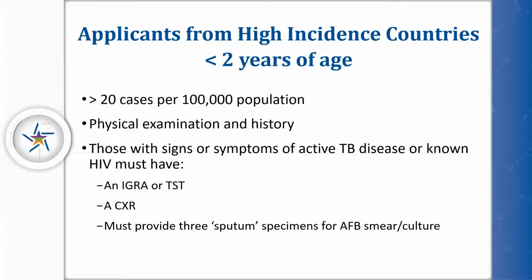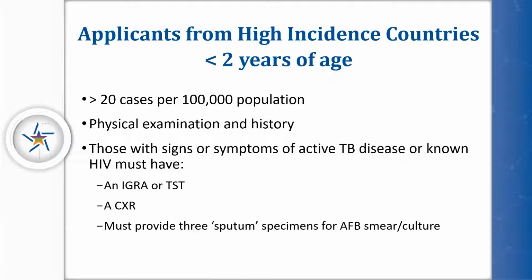The reference they give for that is the American Academy of Pediatrics Red Book, where it does lay out some reasons why many of the experts here will use an IGRA in addition to, or often in place of, the TST.